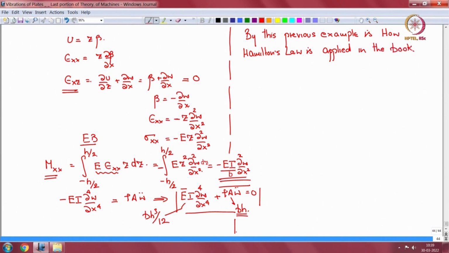All relevant stresses and strains are used in the strain energy expression.